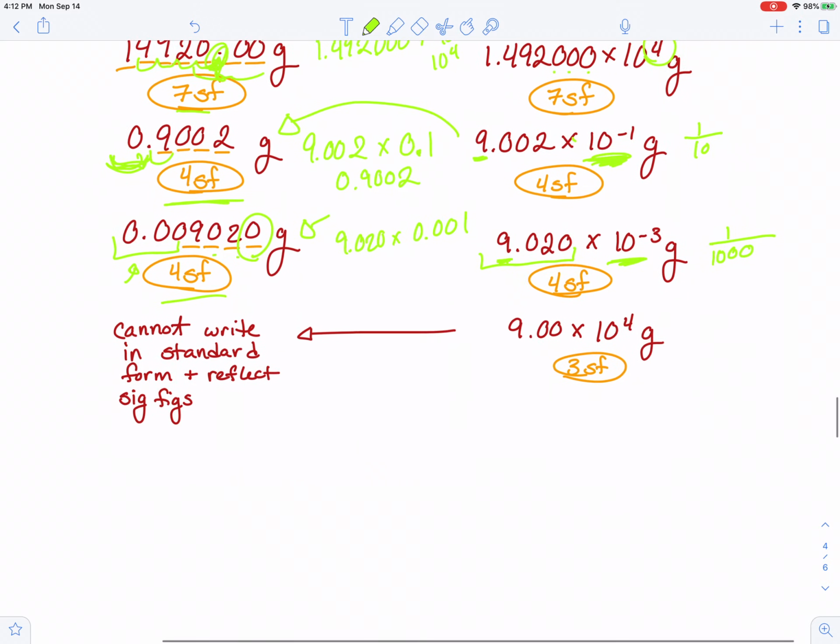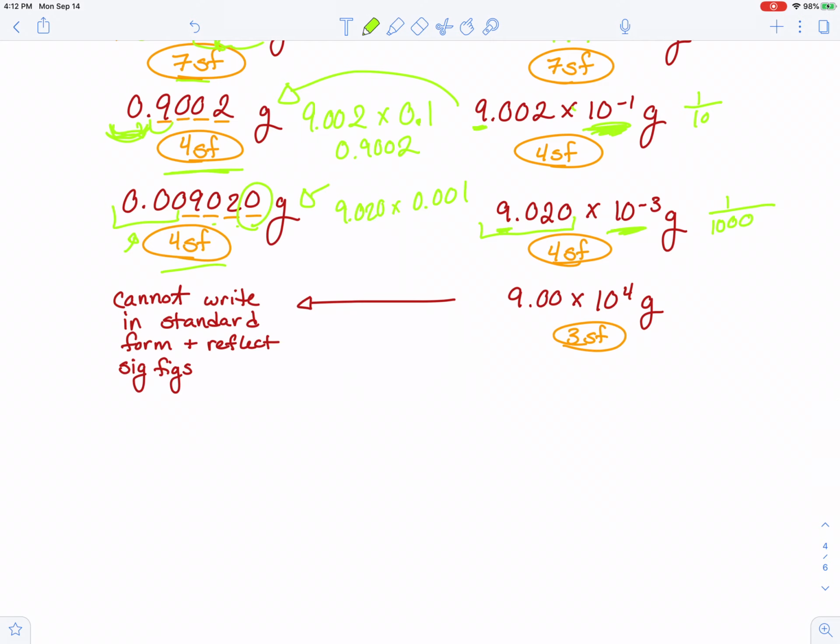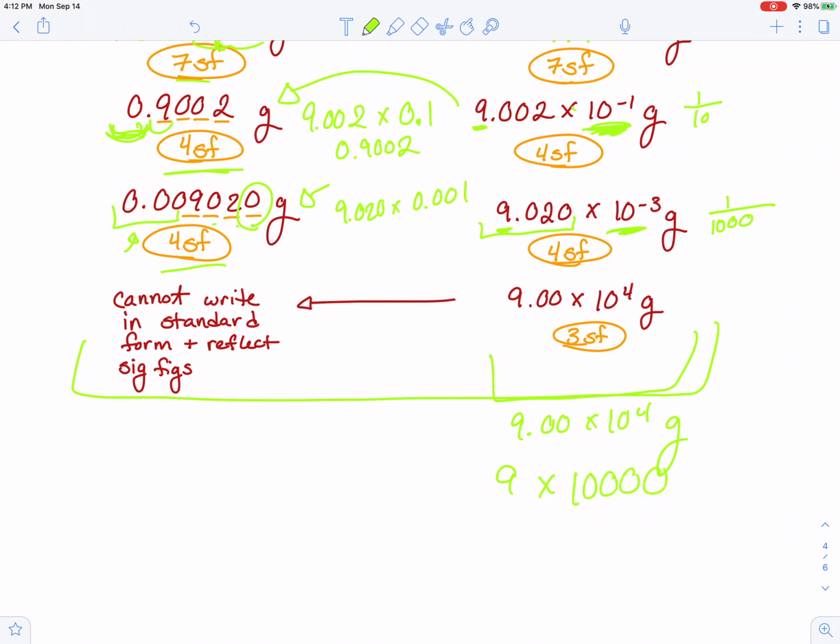All right, so we're going to do one last one, and this one is going to be super important because sometimes scientific notation is the only way you can write a number with the appropriate number of sig figs. So 9.00 times 10 to the 4th grams is very, very similar to saying 9 times 10,000.